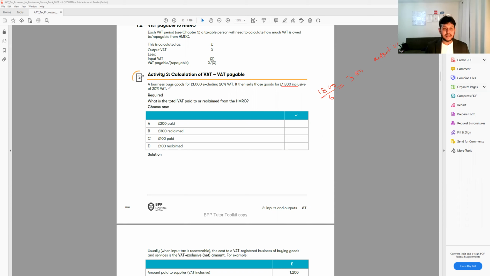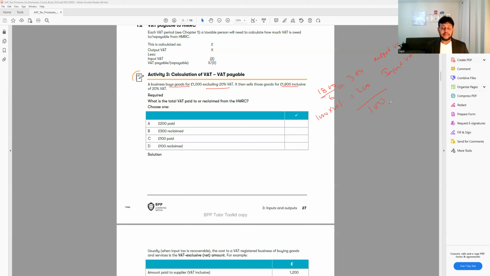The next one says purchase. So buy goods is a purchase. Purchase is excluding VAT. That means the VAT is not inside. So times by 20%. So 1000 times by 20% is 200. So that's my input VAT. So output VAT is 300, input VAT is 200. So the difference is 100.